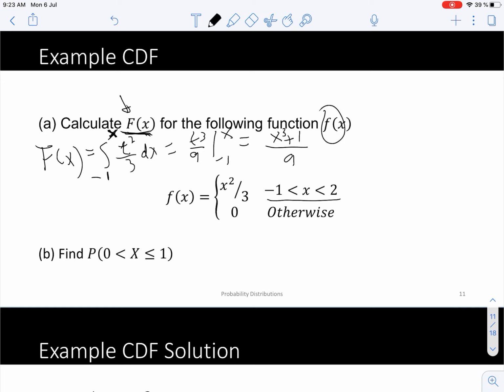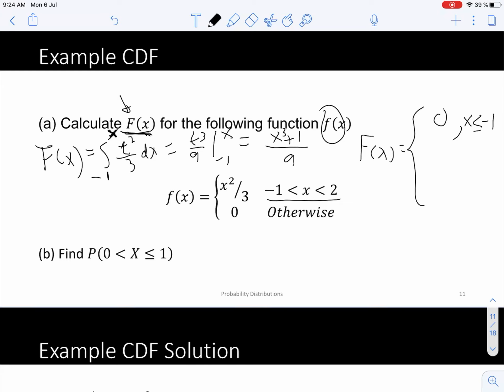And that's the CDF function, which is usually written in a different format, more like an interval format. So we can claim that if x is less than or equal to minus 1, then the cumulative is 0.